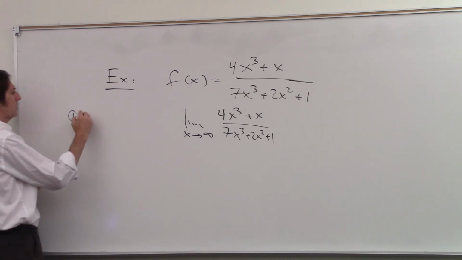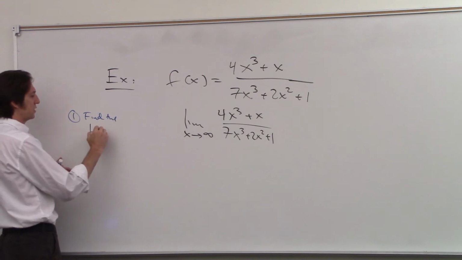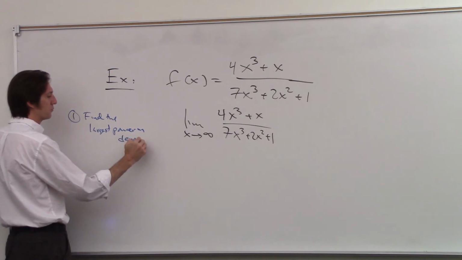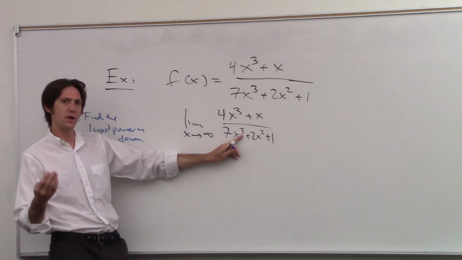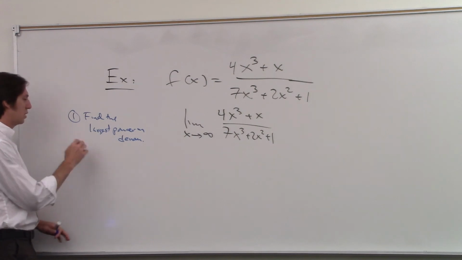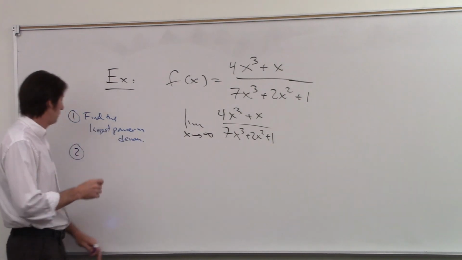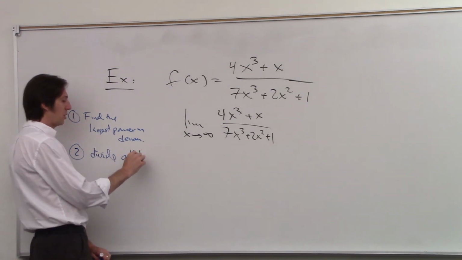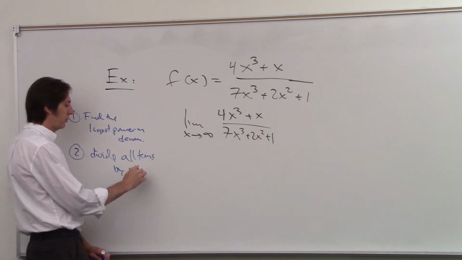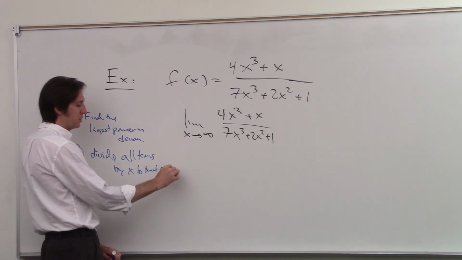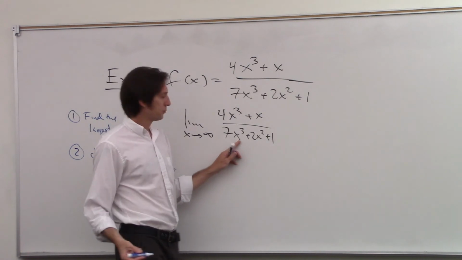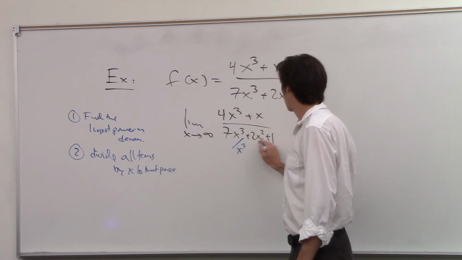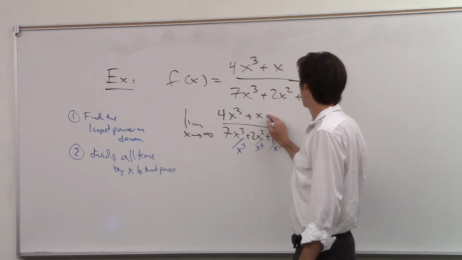First, I can find the largest power in the denominator. In this case, the largest power is 3. Then I want to divide every term by x raised to that power, every single term in the expression. Since the x cubed here is my dominant term in the denominator, I divide every term by x cubed.